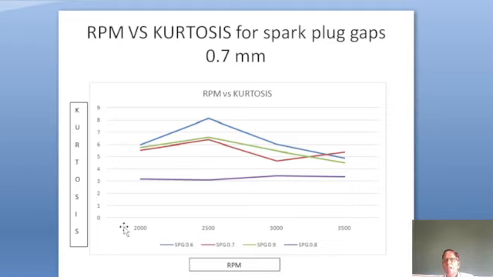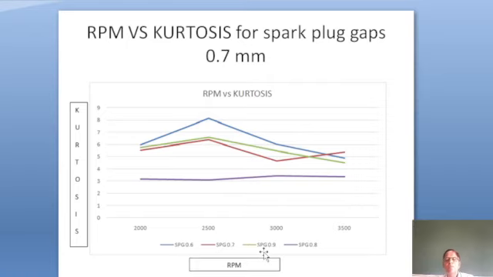There are fewer misfirings, or there is less noise; abnormal acoustic signals are not coming from the engine, and that is why we can say the optimum spark plug gap is 0.8, whereas 0.6 and 0.7 are too small to properly burn the air fuel mixture.